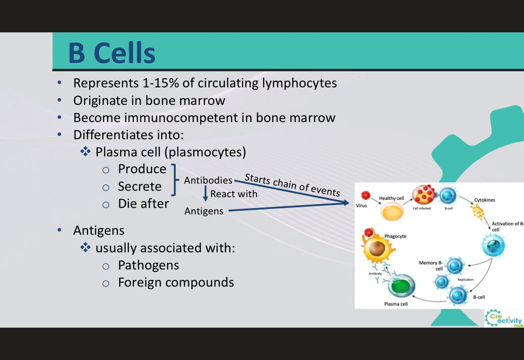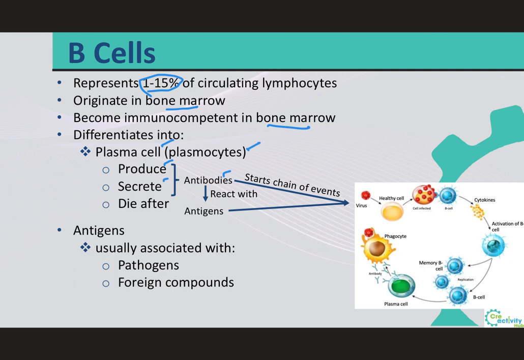Now that we're done with the T cells, we're going to focus on the B cells, which originate and become immunocompetent within the bone marrow. They account for 1 to 15% of the circulating lymphocytes. When stimulated by exposure to an antigen, the B cell can differentiate into plasmocytes or plasma cells, and these cells are responsible for the production and secretion of antibodies.